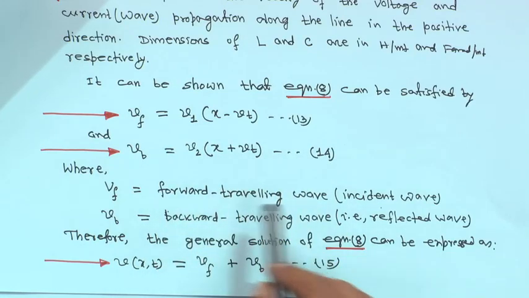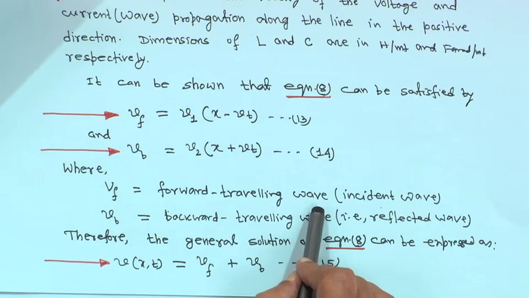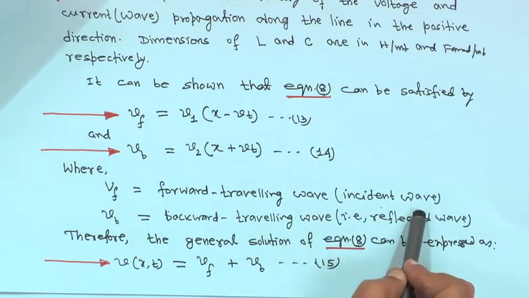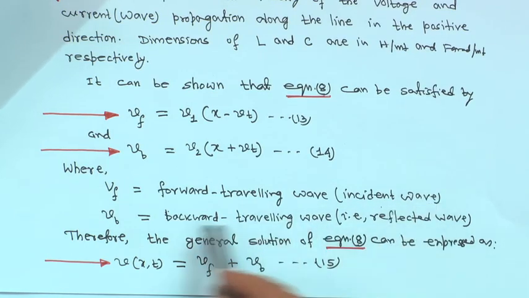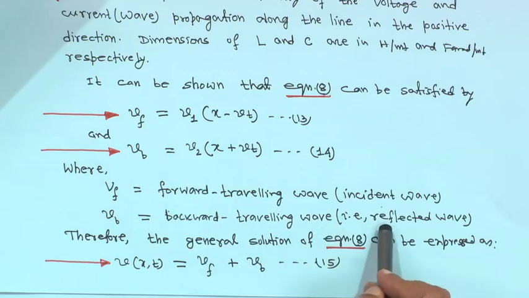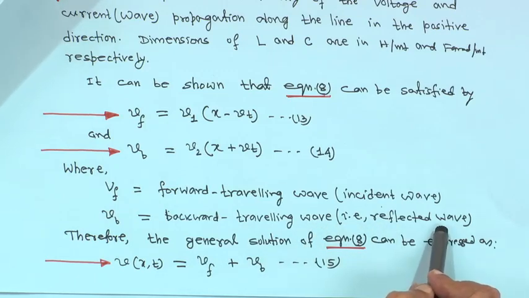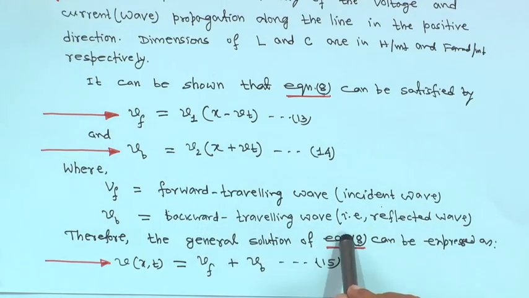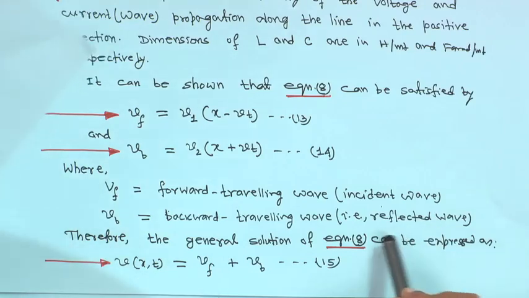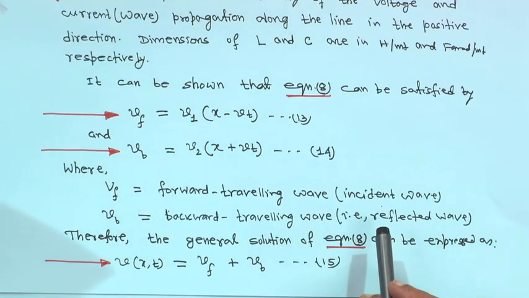I am not going into the solution of this, but we will make it understandable in a different way. Here V f is the forward travelling wave, that is the incident wave, and V b is the backward travelling wave, that is the reflected wave. The backward travelling wave is what comes back after reflection, so it is called the backward travelling wave, right.